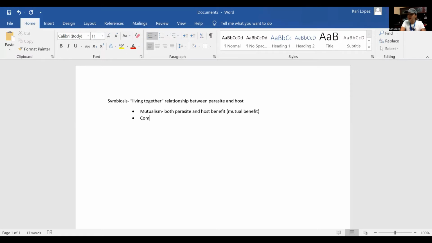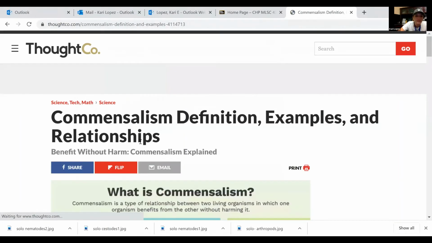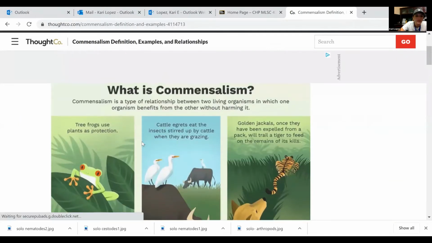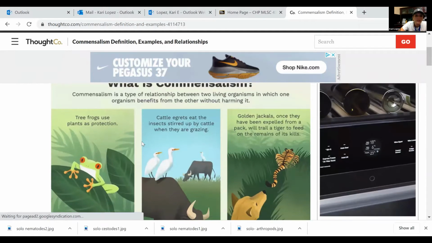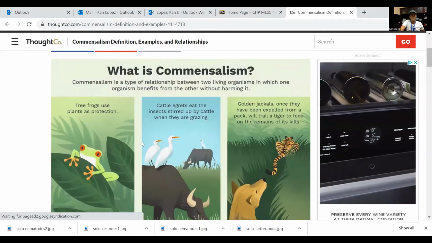And then commensalism is going to be where the parasite benefits, but the host is unaffected. So parasite benefits, host unaffected. Tree frogs use plants as protection. They don't benefit the plant, but they don't hurt the plant.